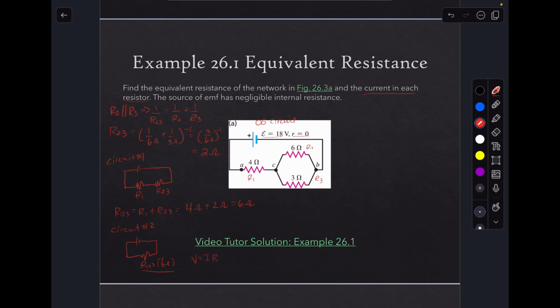The voltage across R123 is just equal to the voltage of the battery, which equals the current through R123 times 6 ohms. Therefore, the current through R123 is 18 divided by 6, which is 3 amps. So we have 3 amps of current running through this circuit right here.